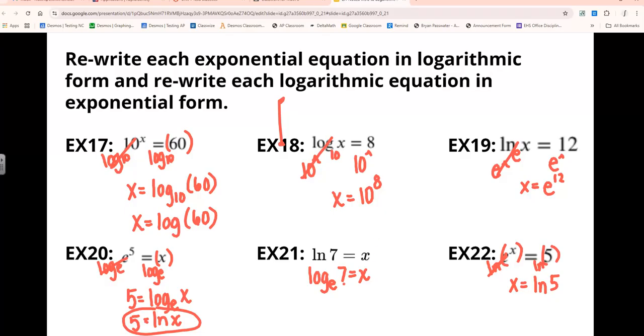So if I want to get rid of that log with a base of E, I have to use an exponential that has a base of E. So I'm going to do E raised to the power, which will cancel here, and E raised to the power over here. So I got 7 equals E to the X. All right. Questions?